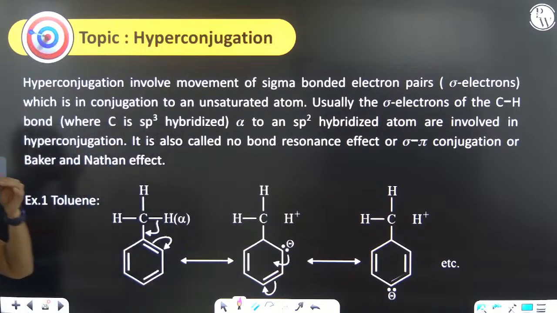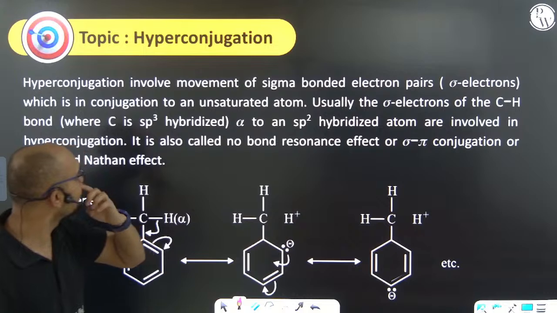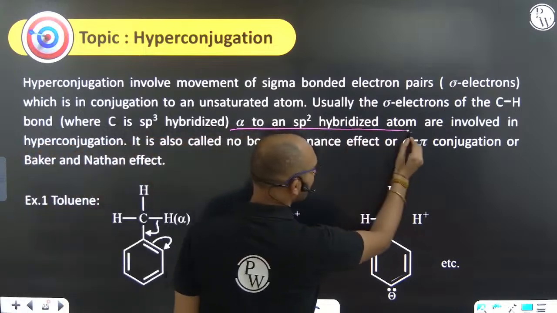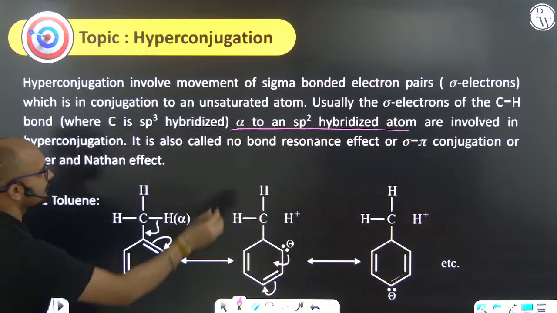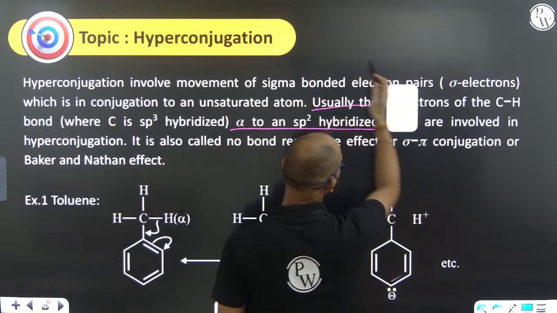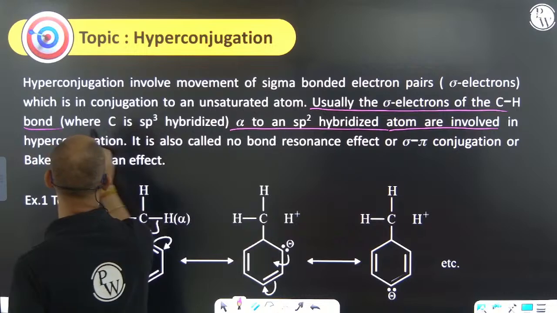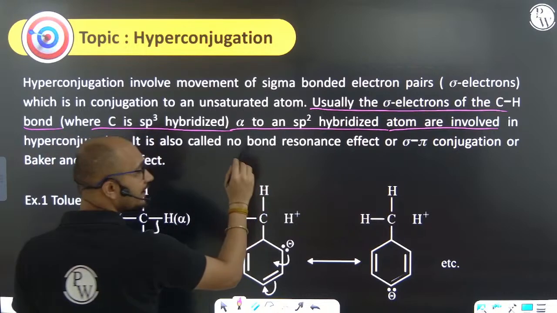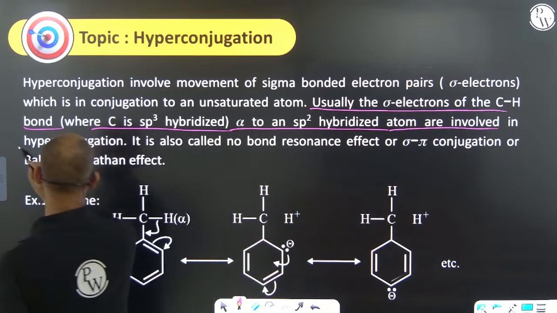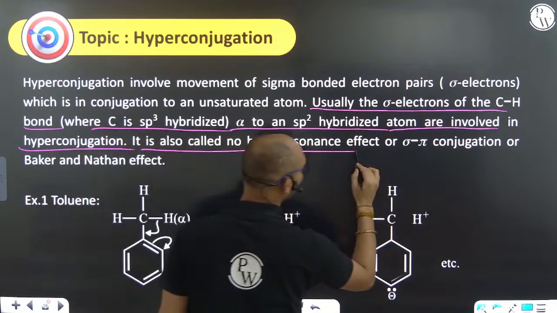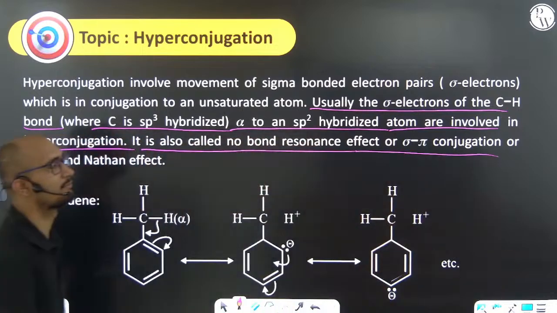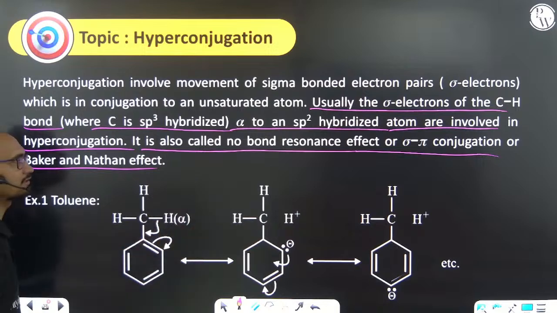Usually the sigma electrons of the CH bond, where C is sp3 hybridized and alpha to an sp2 hybridized atom, are involved in hyperconjugation. It is also called no bond resonance, sigma-pi conjugation, or the Baker-Nathan effect.